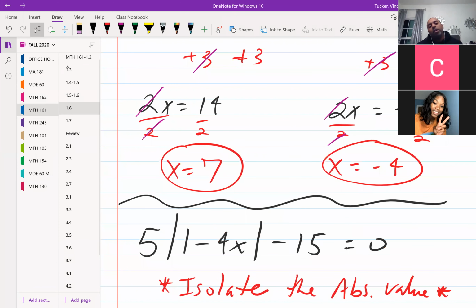All right. So here I have 5 times the absolute value of 1 minus 4x, minus 15 equal to 0. So first thing you want to do is isolate the absolute value. You want to get this absolute value of 1 minus 4x alone on one side of the equation first.